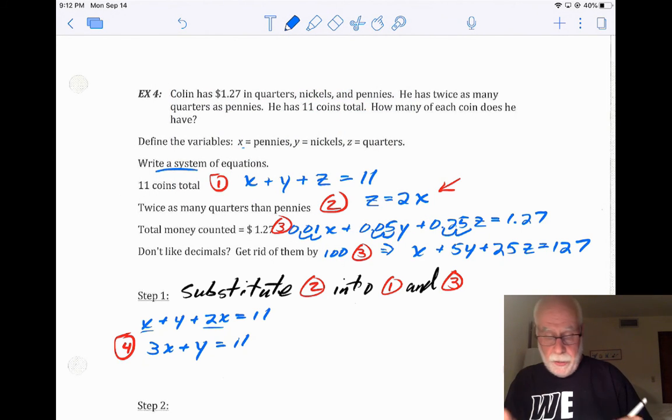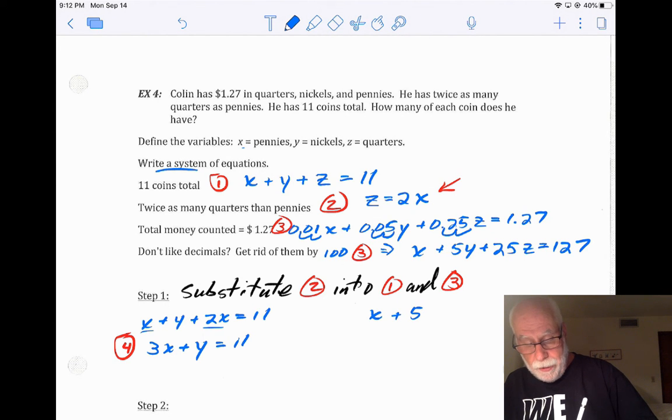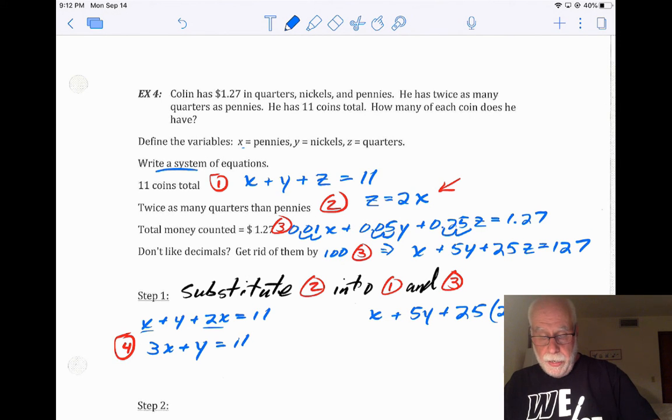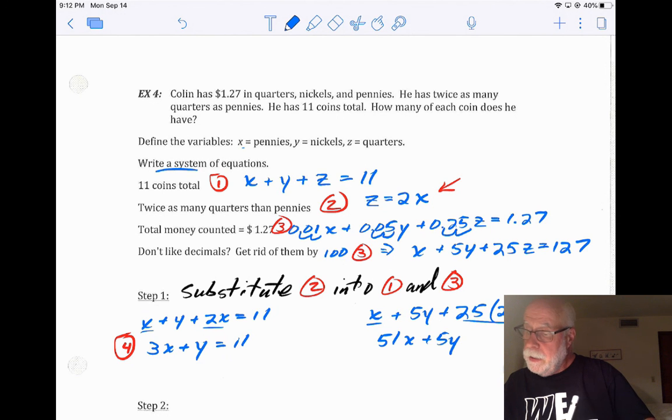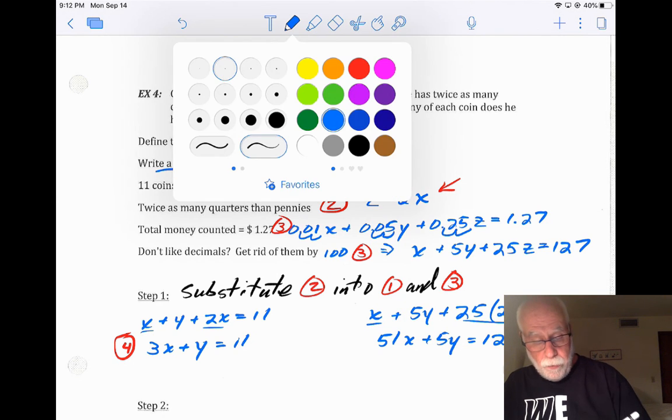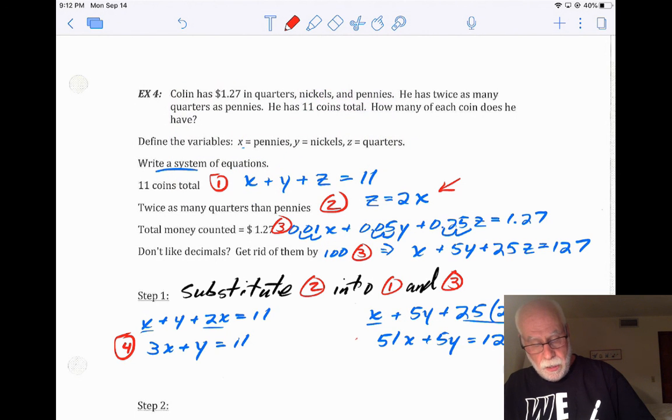In the other one, we're going to get x plus 5y plus 25, I'm replacing z with 2x, is equal to 127. Again, 25 times 2, that's 50, plus 1, that'll give us 51x plus 5y is equal to 127, and that will be our equation 5.